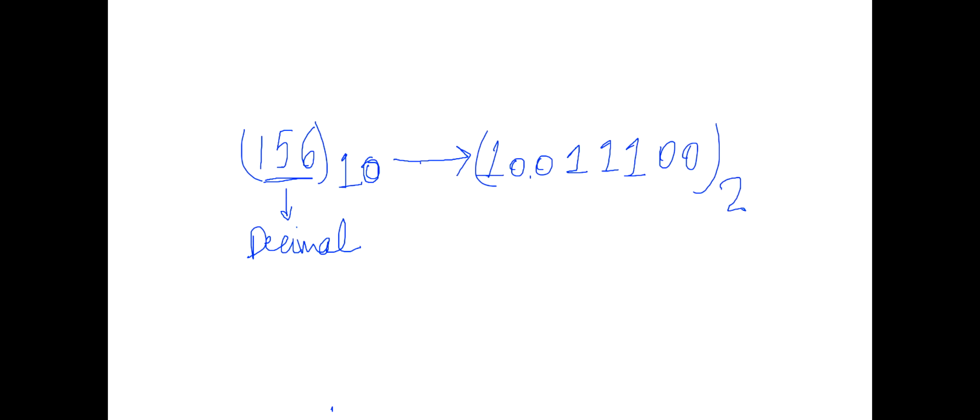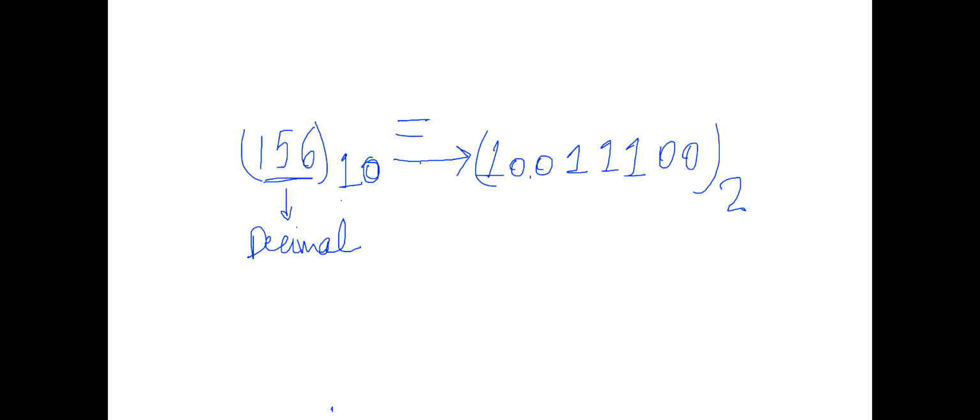This is equal to this. Both represent the same value. The only difference is that this is representing the number in decimal form with a base 10, and this is representing the same number in binary form with a base 2.